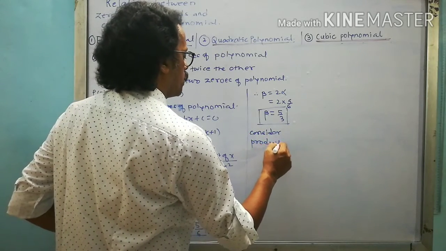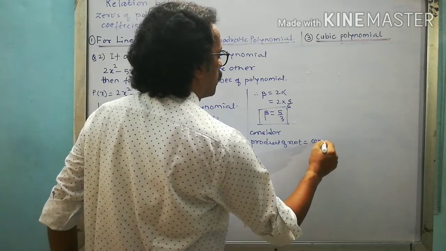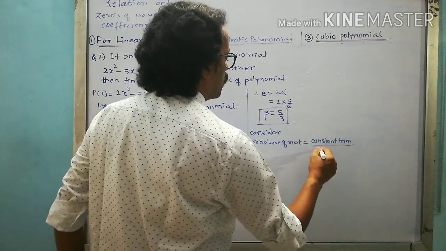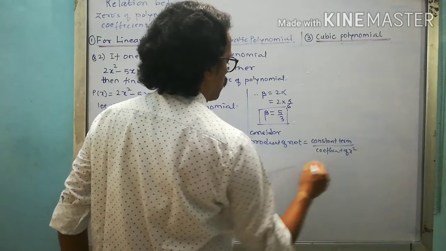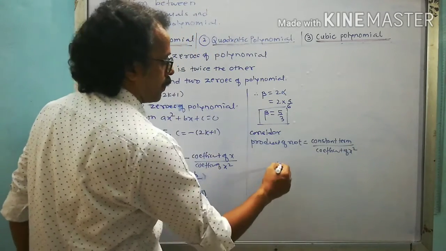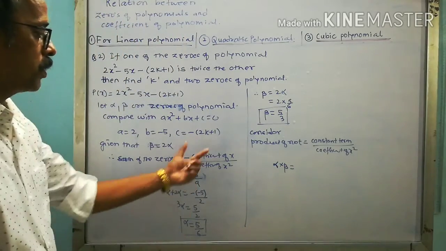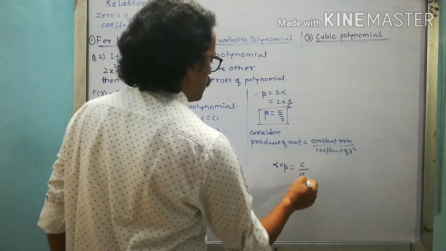So we will consider product of roots is equal to constant term divided by coefficient of x square. Now that is product of the roots, what we have got, alpha into beta is equal to c upon a.